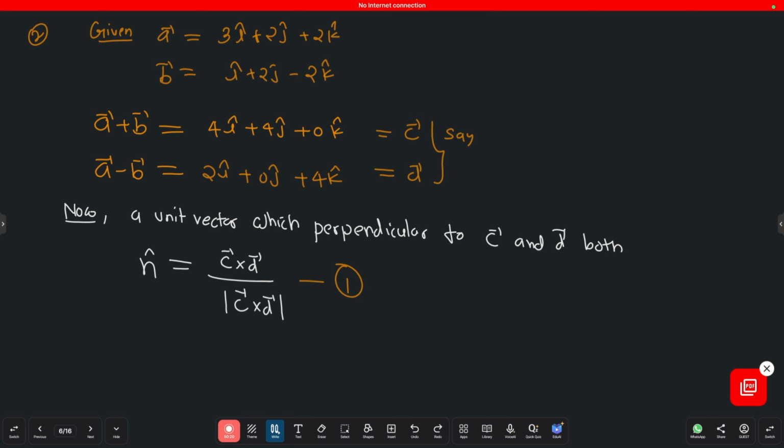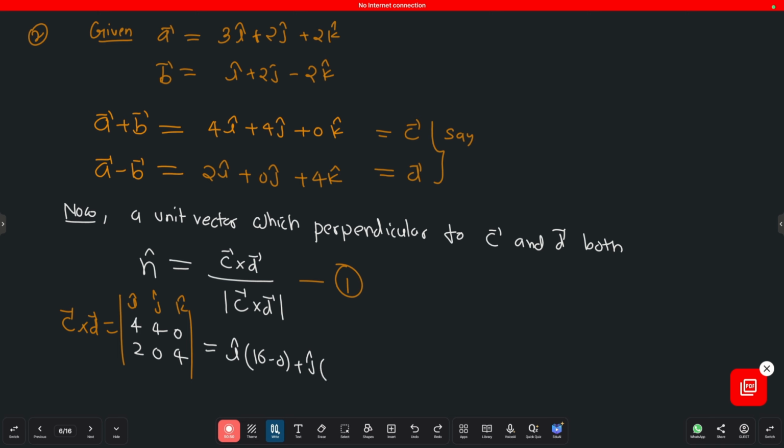Equation 1. Now what do you need? You need C cross D. How to get C cross D? C cross D, i, j and k. Component of C is 4, 4, 0. And component of D is 2, 0 and 4. Along the first row: i, 4 into 4, 16 minus 0.